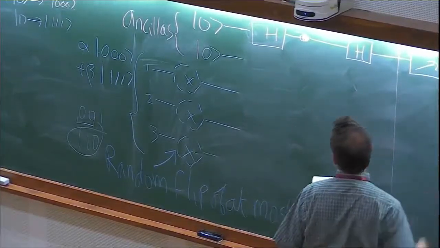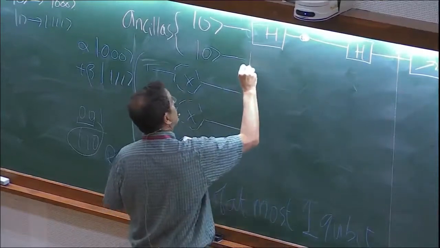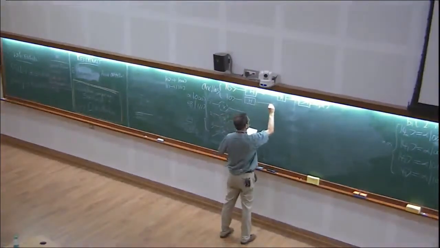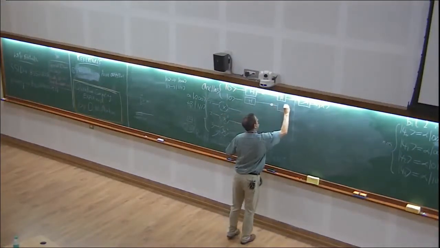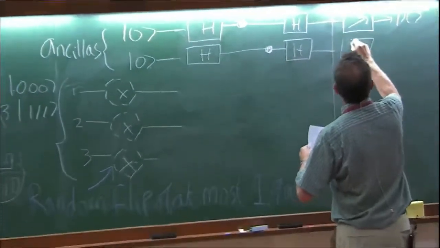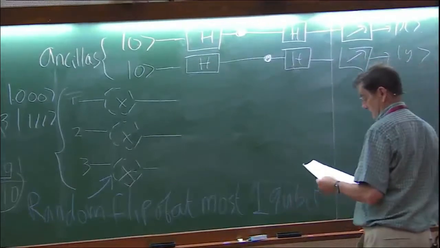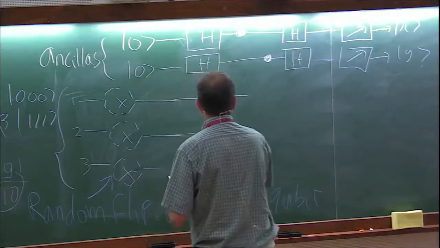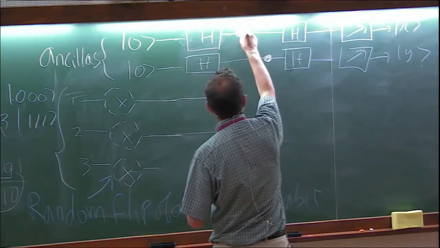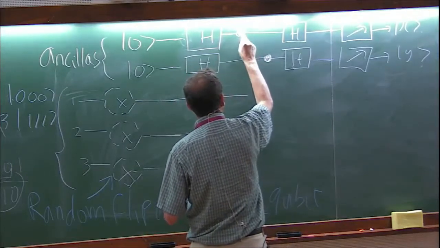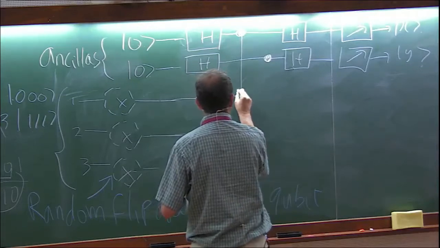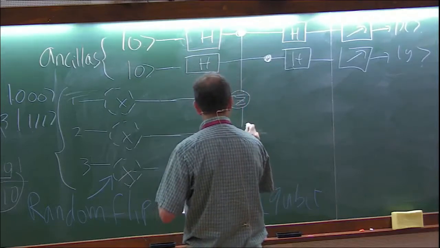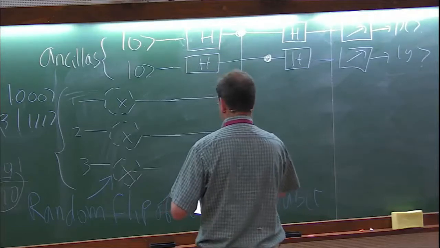And we measure and we get X. And then for the second ancilla, we have a Hadamard, and this will be Y. And then the first ancilla will be the control bit for a control Z gate, which targets the first 2 of the physical qubits.